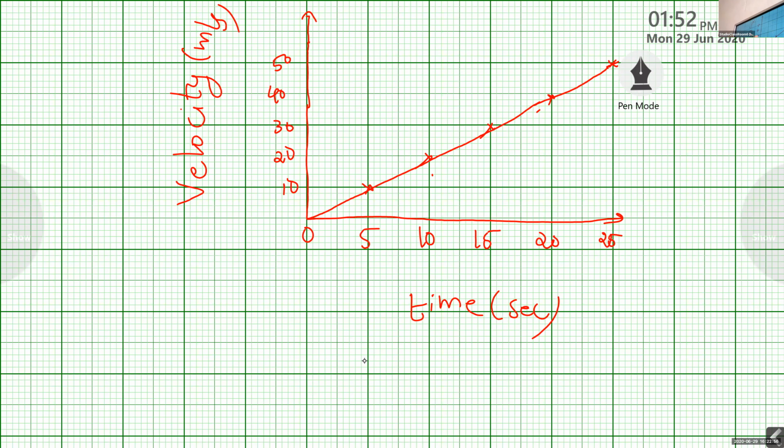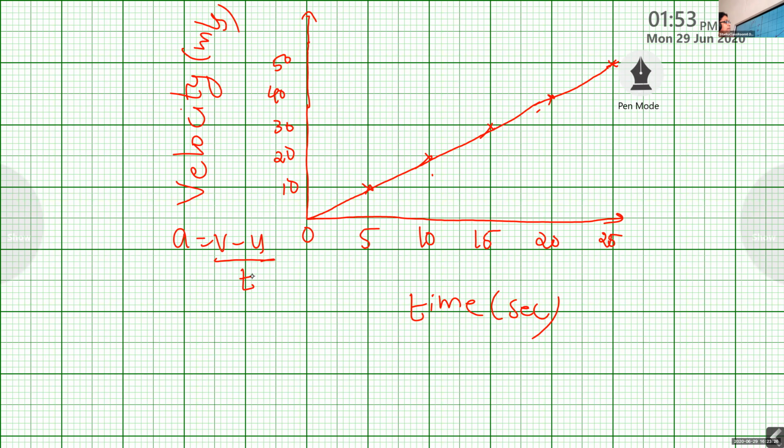Okay, so we have already found out A is equal to V minus U by T. V is the final velocity, U is the initial velocity. From the first 10 seconds, what is the initial velocity? The object is traveling from 0, so the initial velocity is 0.